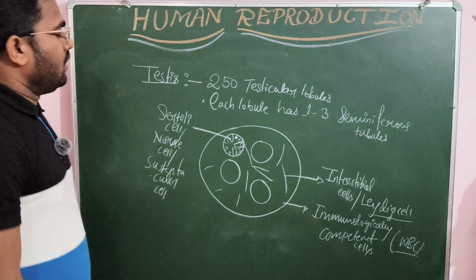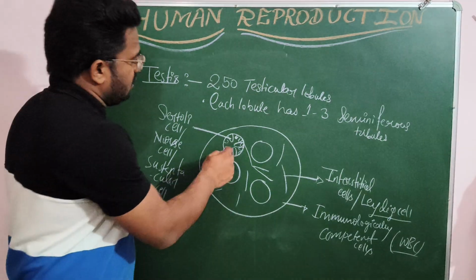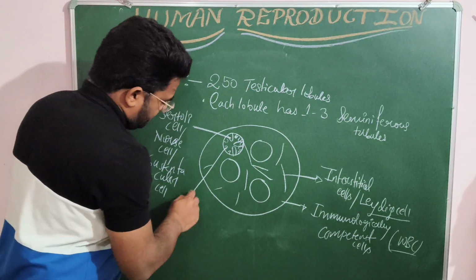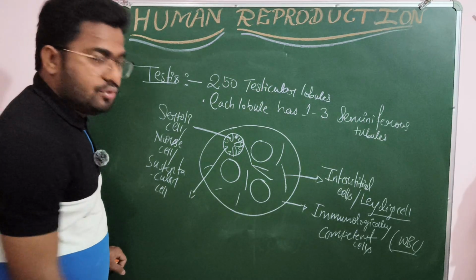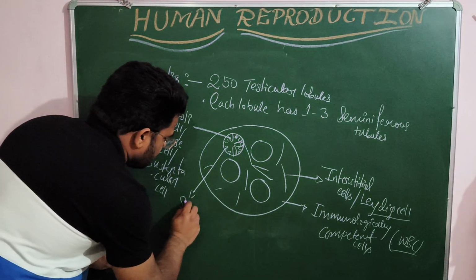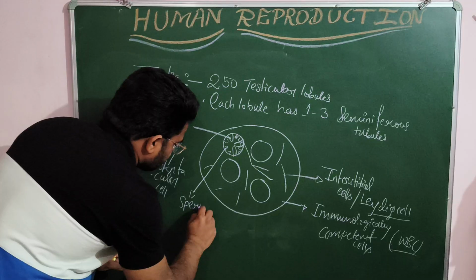Now let's talk about the smaller cells inside the seminiferous tubule. This is the spermatogonia cell.